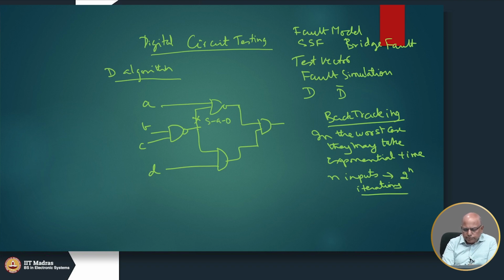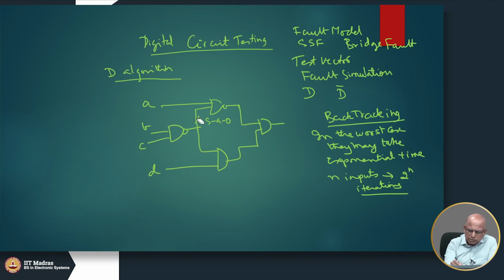So, the algorithm will say, look, you want to put a value 1 on this line, and that will cause a D to appear on this line.